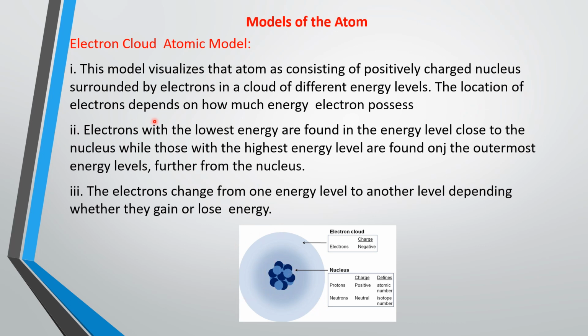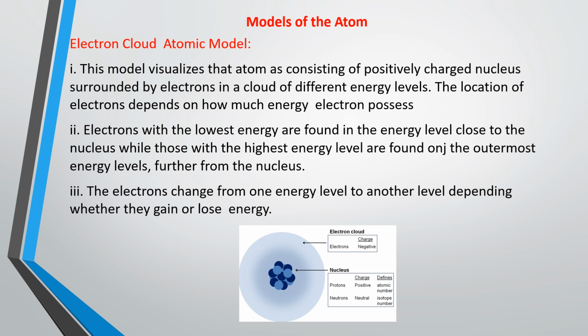The location of an electron depends on how much energy the electron possesses. So what he's saying is that the farther the electron is from the nucleus, the higher the energy the electron possesses. Electrons with the lowest energy are found in an energy level close to the nucleus, while those with the highest energy are found in the atom's energy levels further from the nucleus.